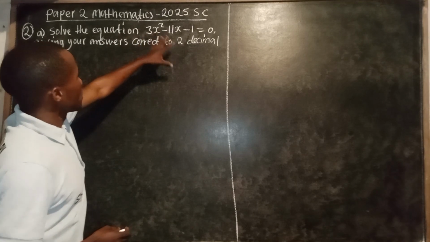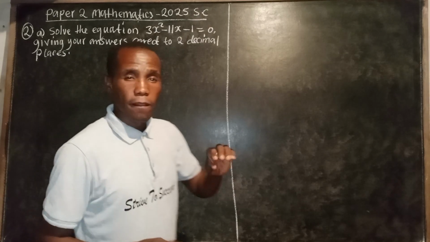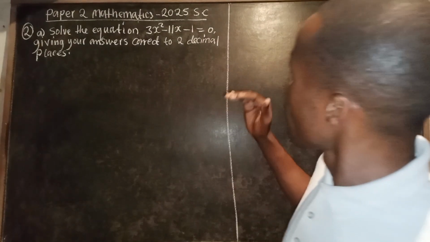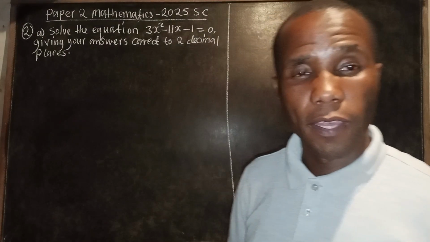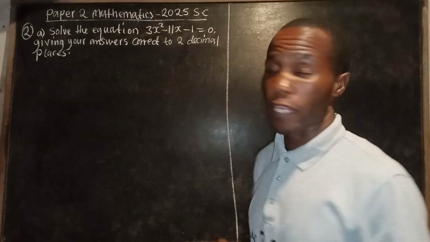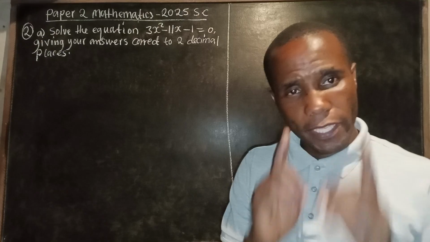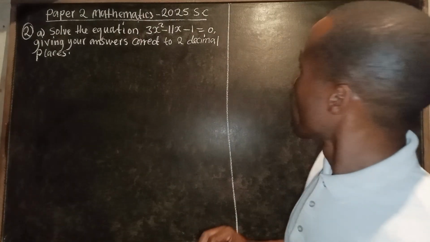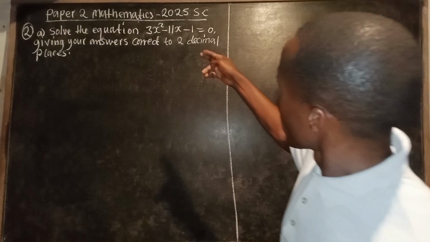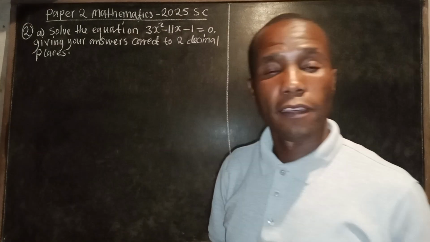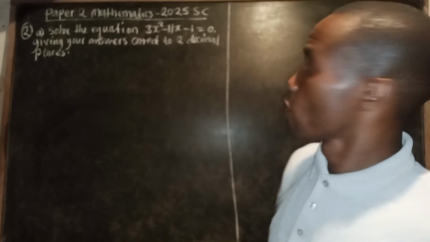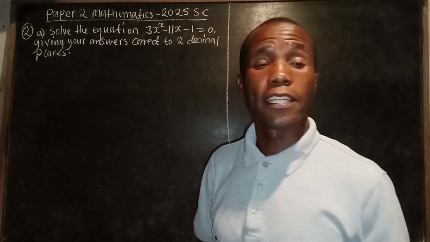Like the way the question is, the first term, which is raised to the power of 2, has a coefficient of 3. When you are dealing with the completing the square method, you have to make sure that the 3 there is removed, so that you can just remain with x squared.